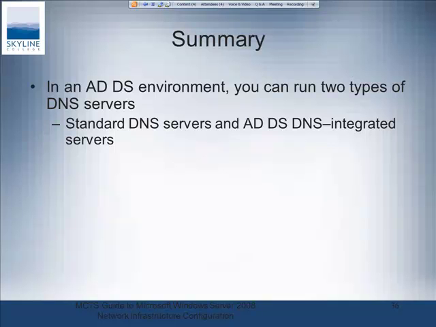But let's say we have 100,000 employees, 200 domain controllers and maybe 60 or 70 child domains. You need to know how to make the system work for you in order for that to work.